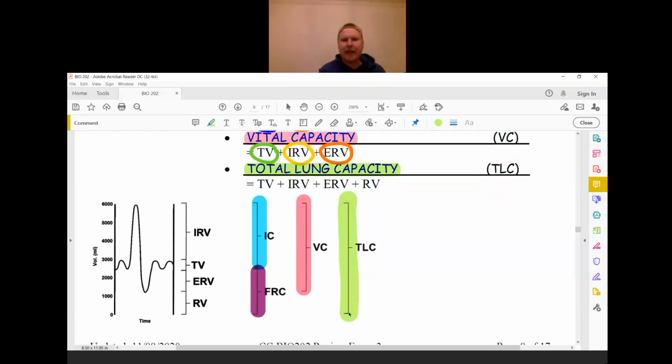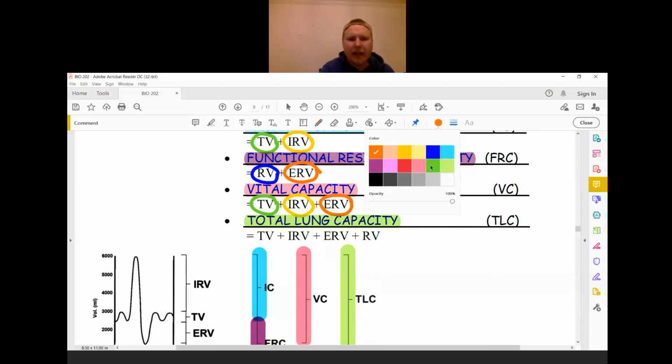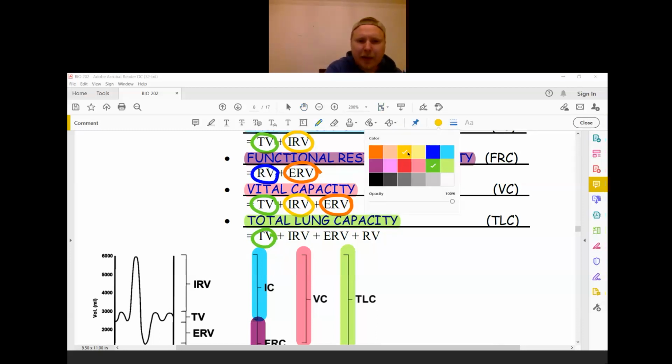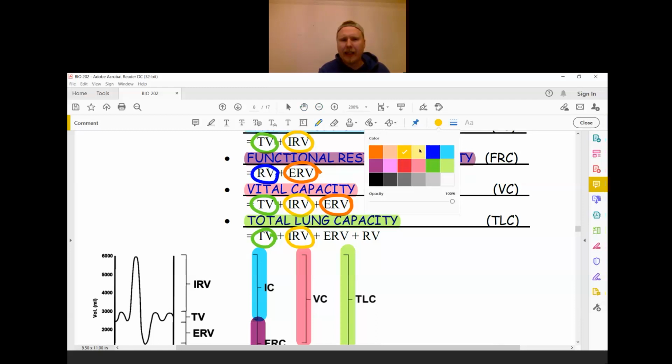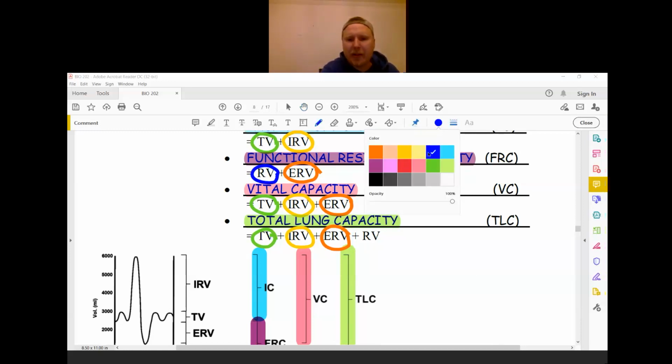Total lung capacity is calculated by adding together our tidal volume, our inspiratory reserve volume, our expiratory reserve volume, and our residual volume.